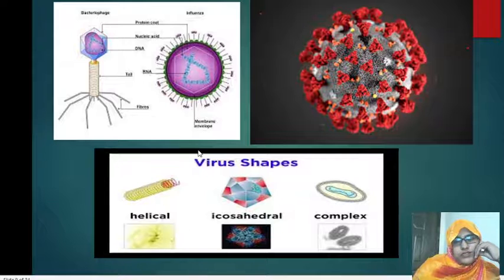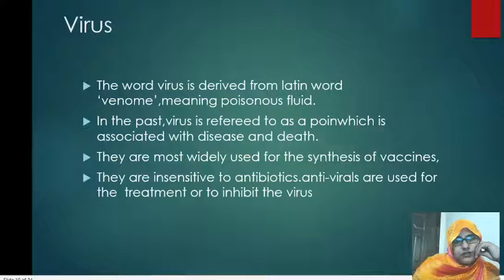So these are the different shapes of viruses. Then, explaining the word virus: it is derived from Latin, as the word bacteria was derived from the Greek language. Virus is a Latin word meaning venom, a poisonous fluid dangerous to human health.